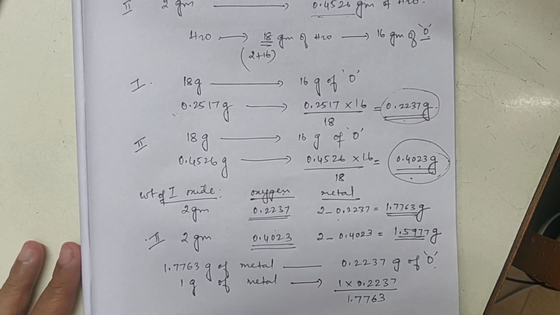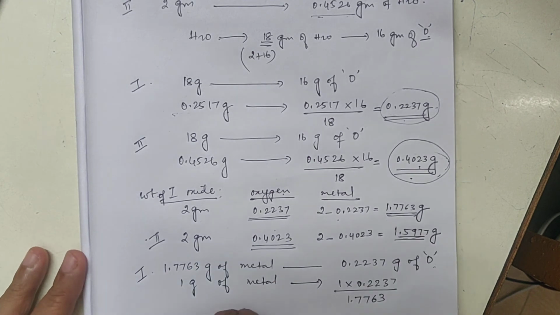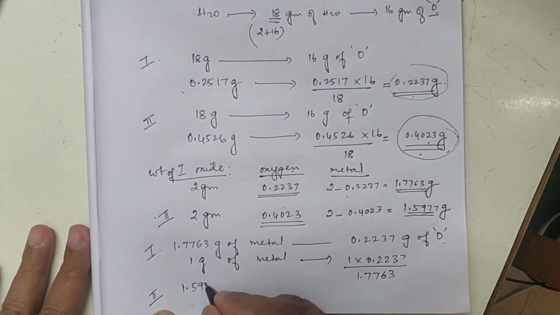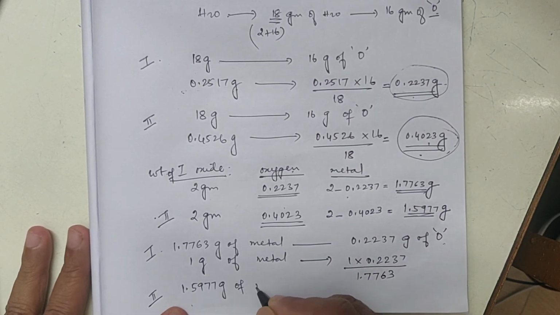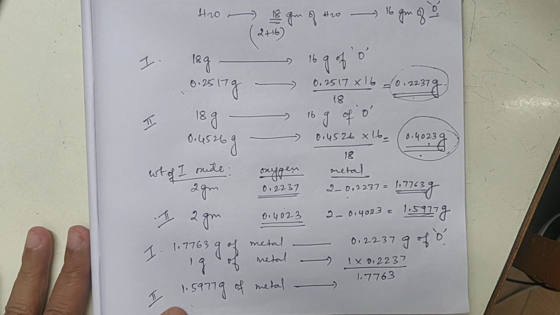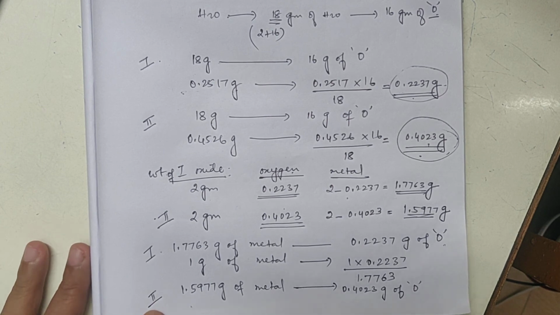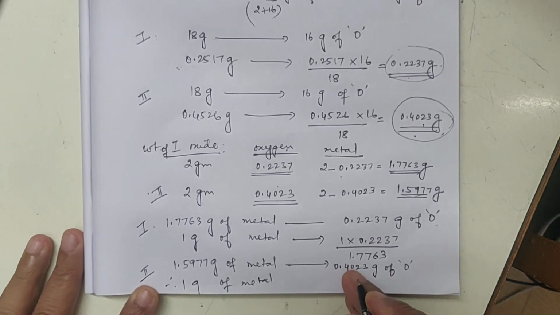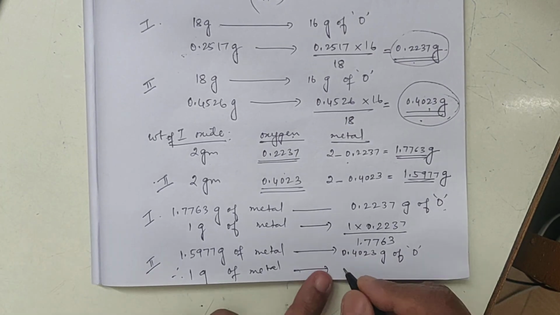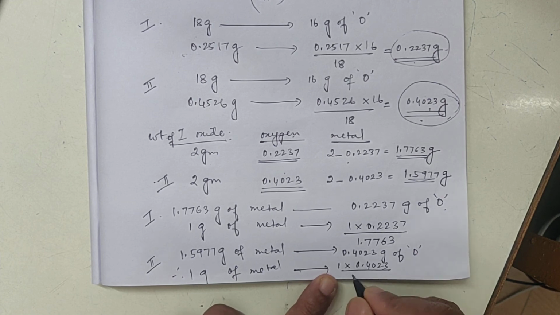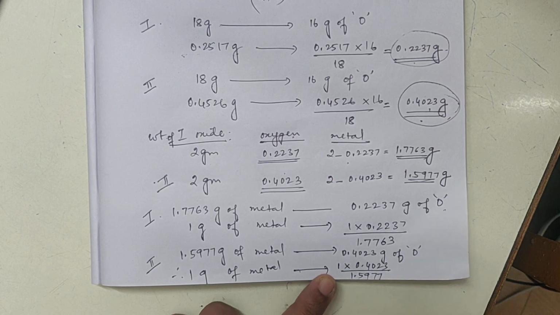Same way, this is with respect to first oxide, then with respect to second oxide it would be 1.5977 gram of metal is attached to 0.4023 gram of oxygen. Therefore, 1 gram of metal will contain 1 into 0.4023 upon 1.5977.